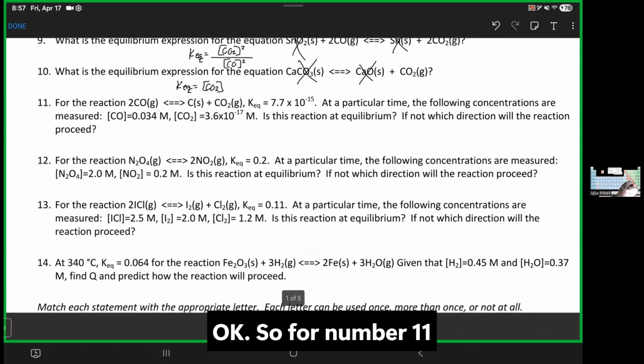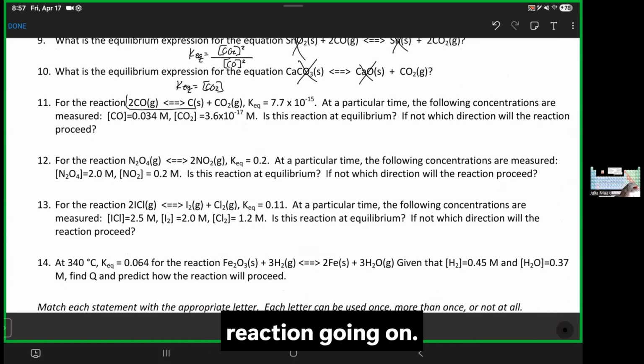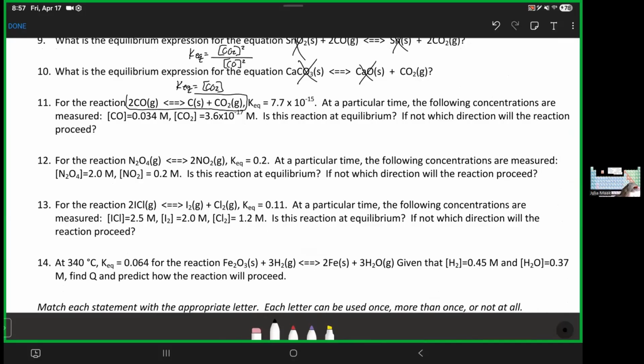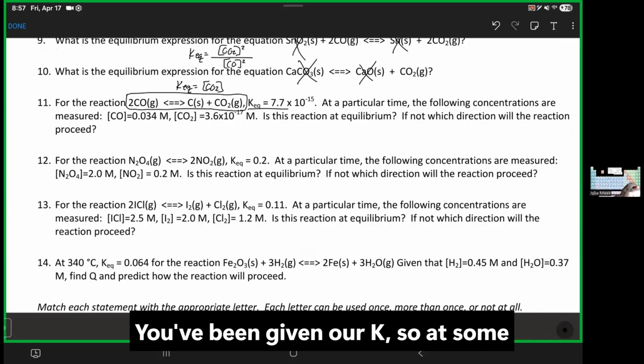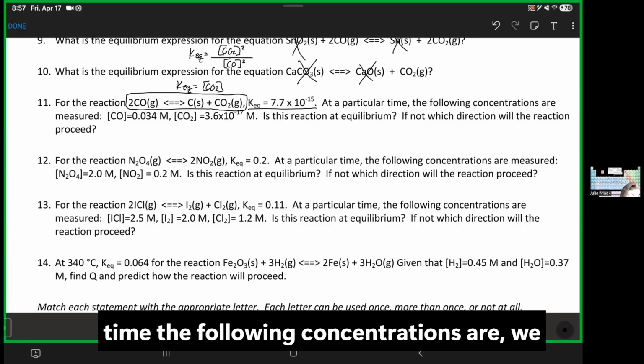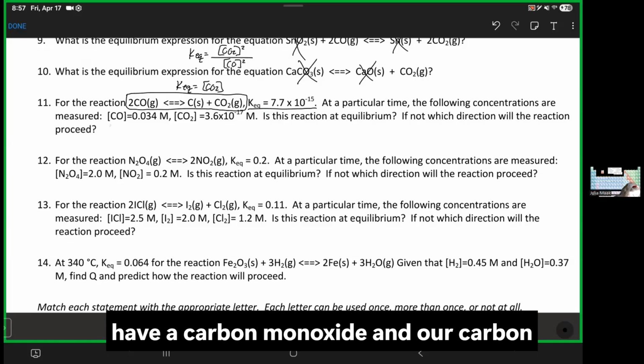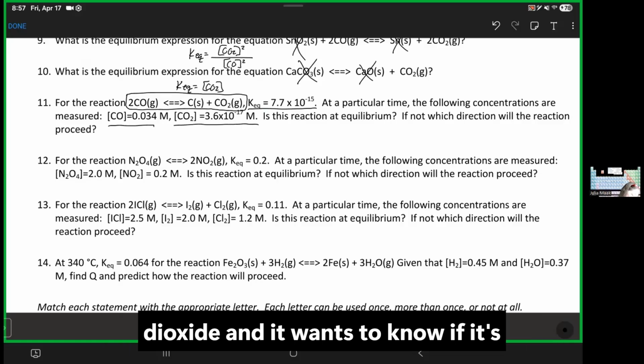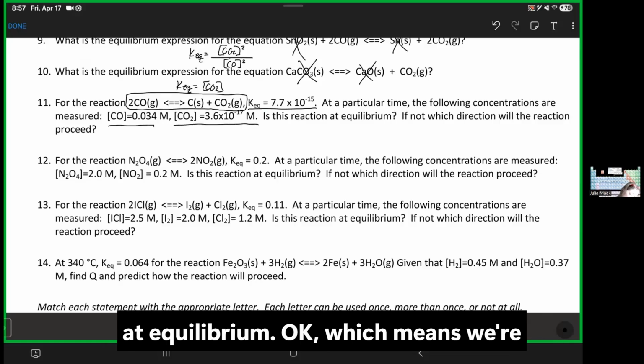Okay, so for number 11 here, we've got this reaction going on. We've been given our K. So at some time, the following concentrations are, we have our carbon monoxide and our carbon dioxide. And it wants to know if it's at equilibrium.